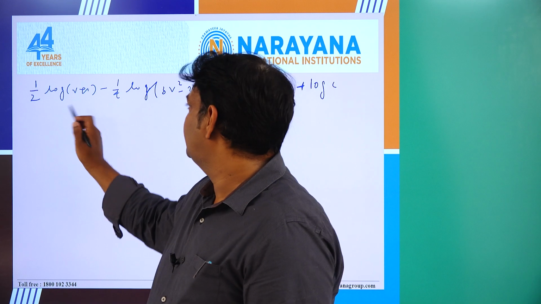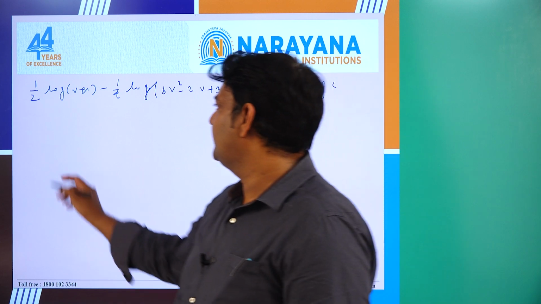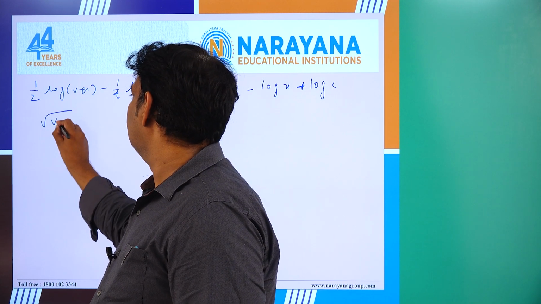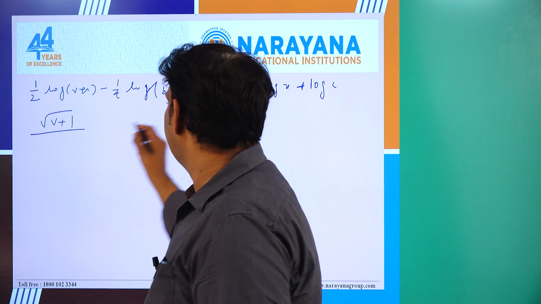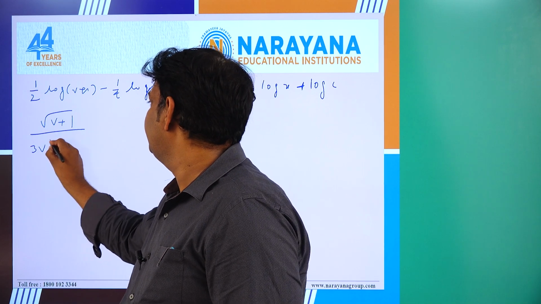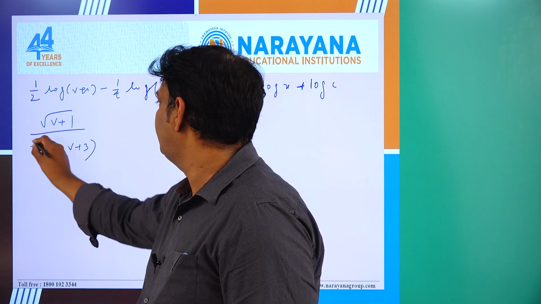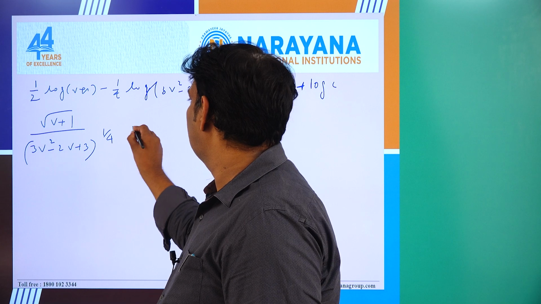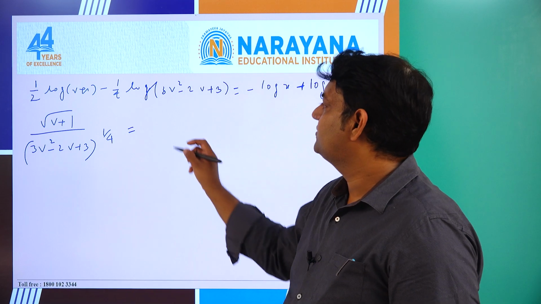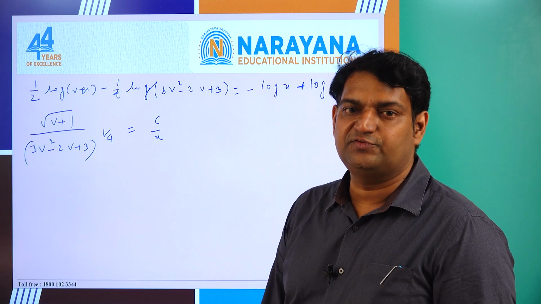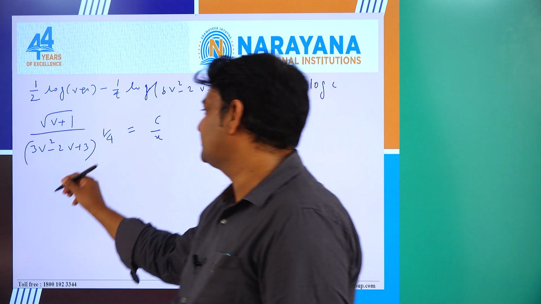So this is nothing but log, we will cancel throughout. What you will get? Root over of v plus 1, by (3v square minus 2v plus 3) whole power 1 by 4, is equal to c by x, and then y equal to vx. So v is what? Y by x. Do this substitution. What you will get?